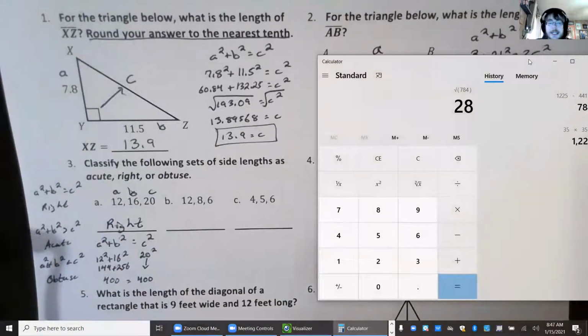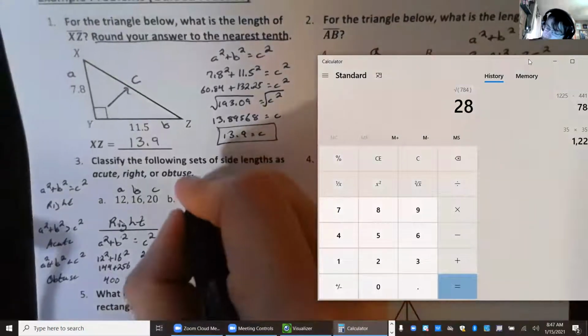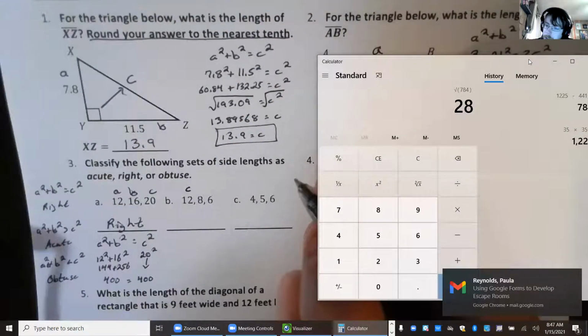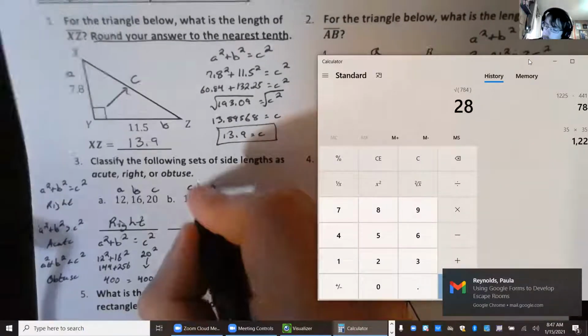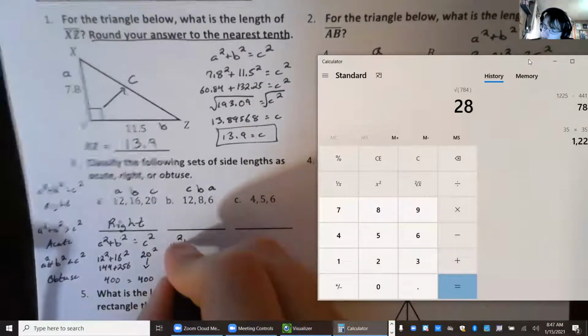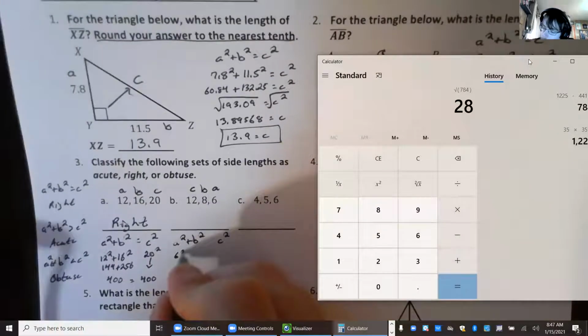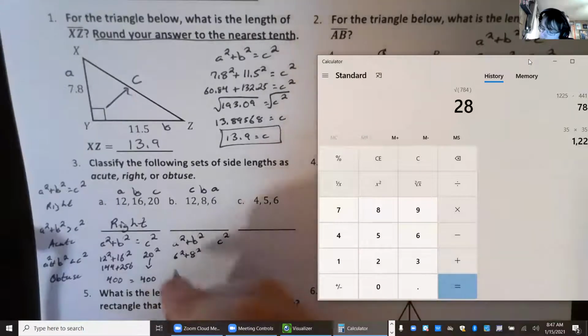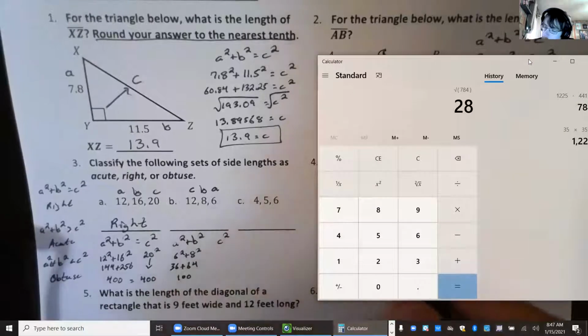And now we're going to do the exact same thing for B and C. Okay, so B, you have 12, 8, and 6. Your largest side is 12, so that's your C value. Your smallest side is 6, and your medium side is 8. So A squared plus B squared becomes 6 squared plus 8 squared, which is 36 plus 64, which is 100.